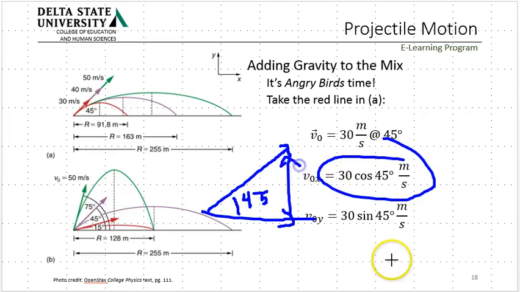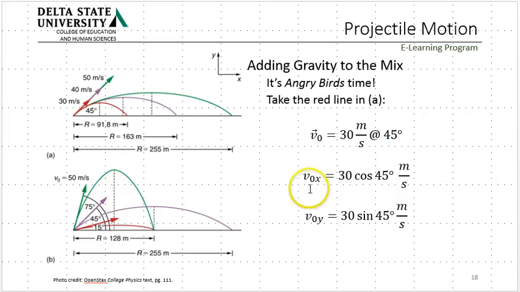The y component is the sine of 45 degrees times 30. The better way to think of it is the adjacent component is the cosine of the angle times the magnitude. The opposite component is the sine of the angle times the magnitude. Keep that in mind when you do this, because sometimes the angle might switch between what our reference is, and it might not be x and y cleanly like this.